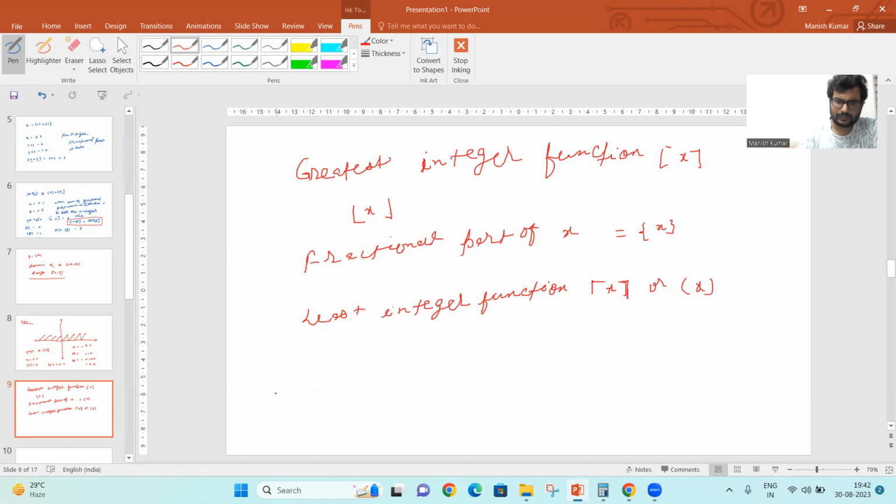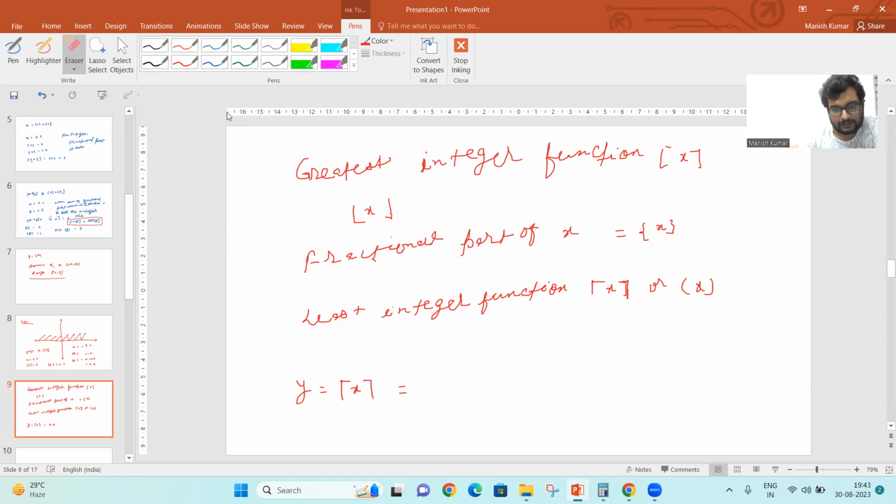So this function y equal to the least integer function of x is written like this.